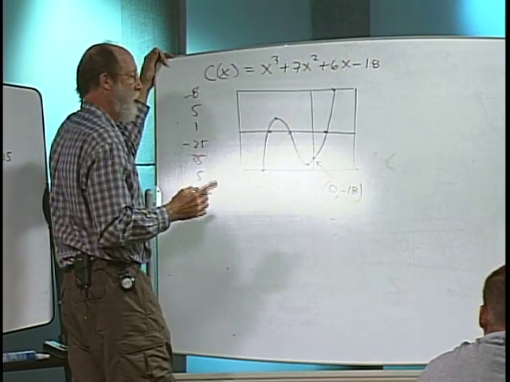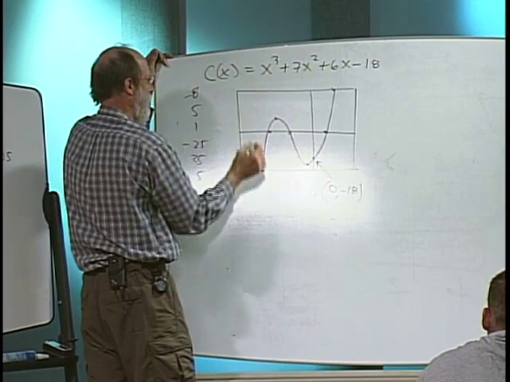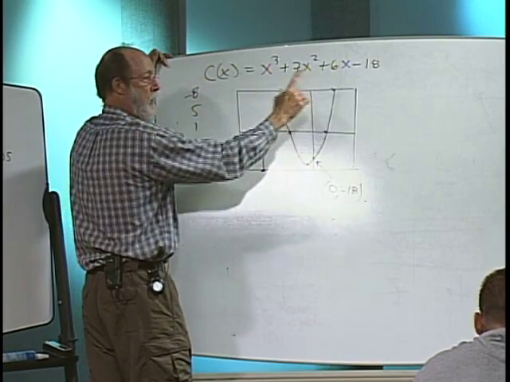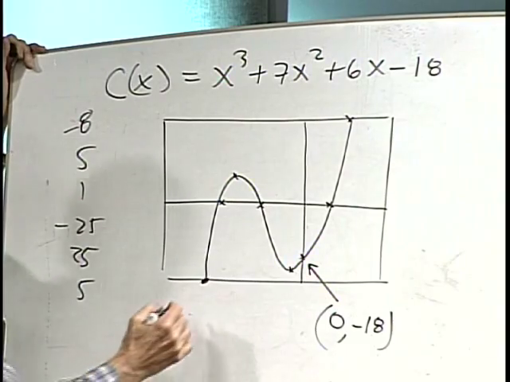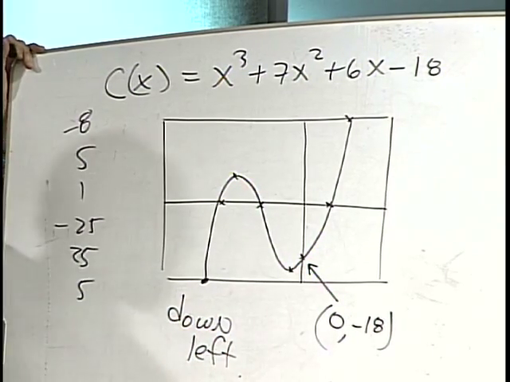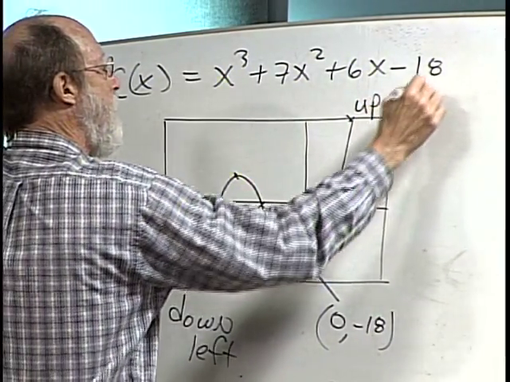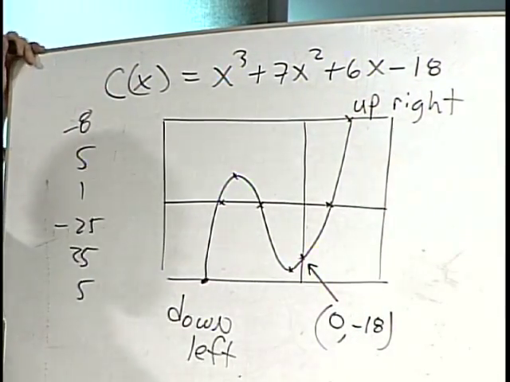Feel good. Now, we're trying to investigate this. This is a cubic model, so it does exhibit all of the characteristics, doesn't it? It shows down left behavior, which it has to have for a cubic, and upright behavior.